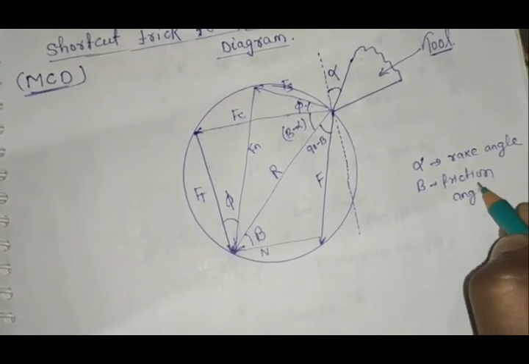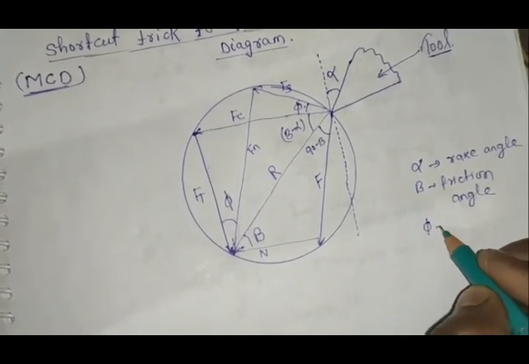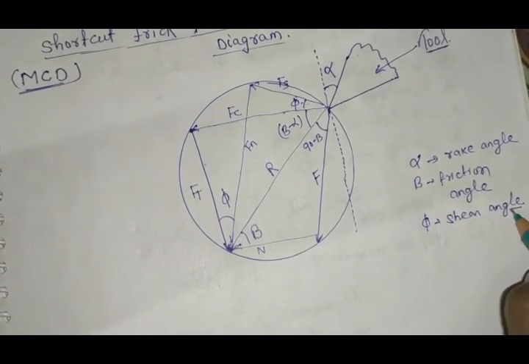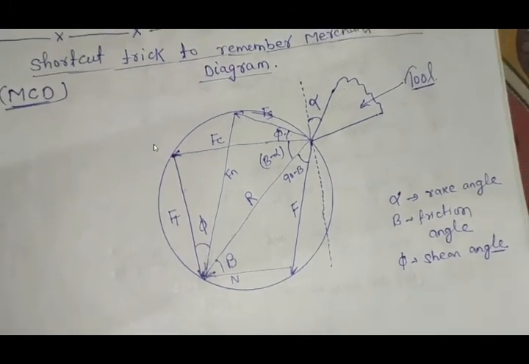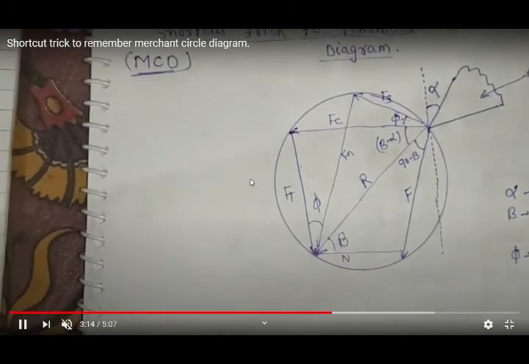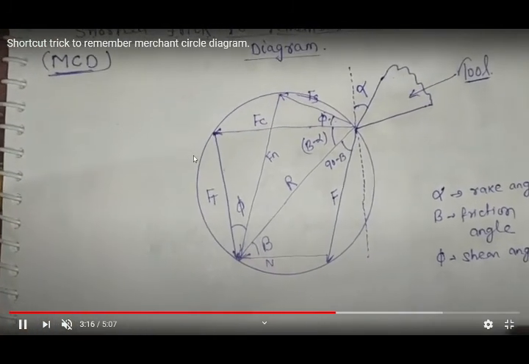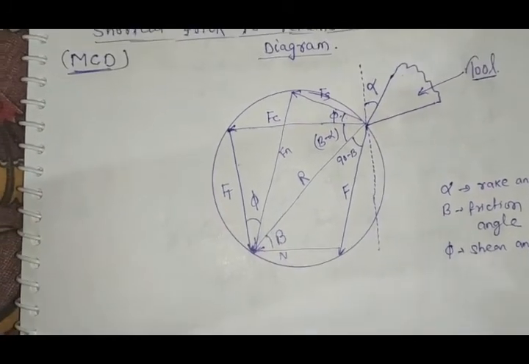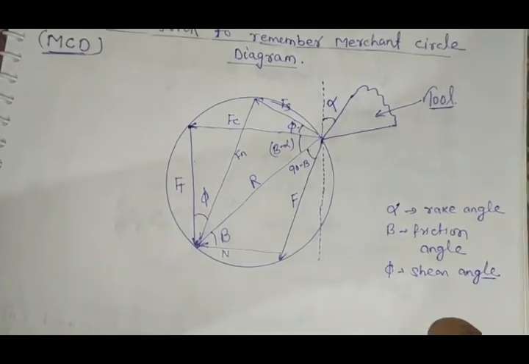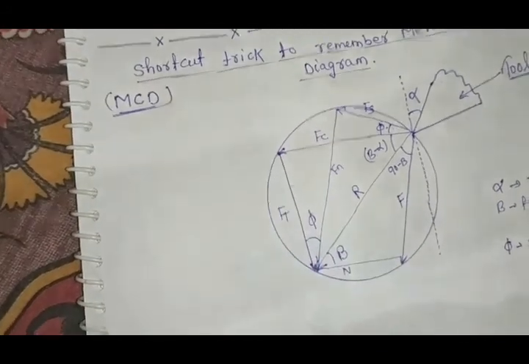From Merchant's theory, theta and phi, gamma r can be evaluated. And next draw the vector R. Here alpha is the rake angle, beta is the friction angle, phi is the shear angle. A and B is the circle cut vector, R is extended at C.